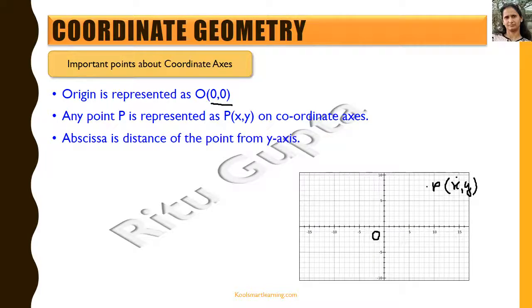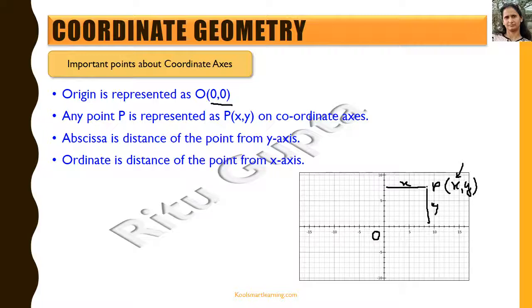Abscissa, which is this x, is the distance of this point from the y-axis, and this distance from the x-axis is the ordinate, which is y.